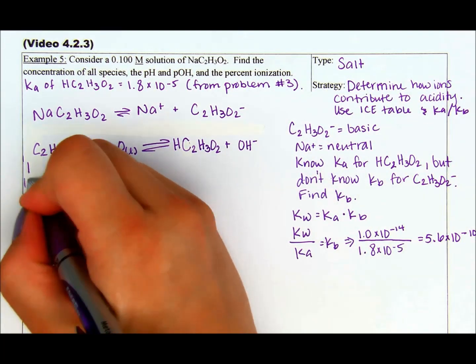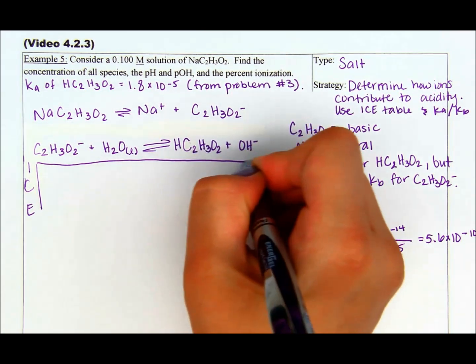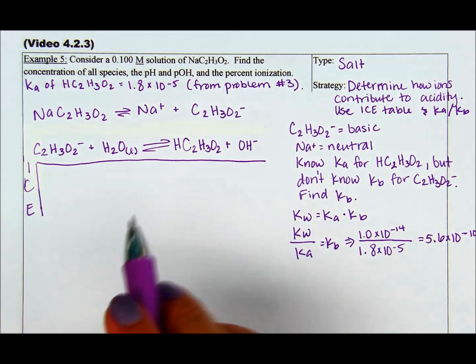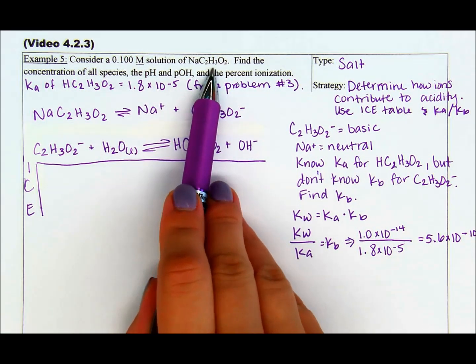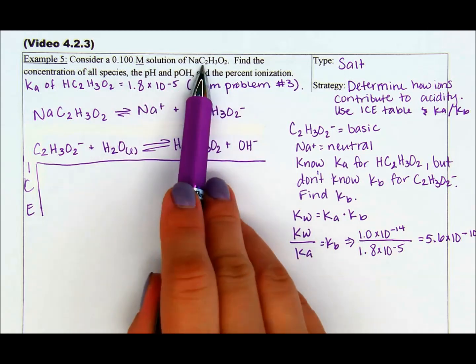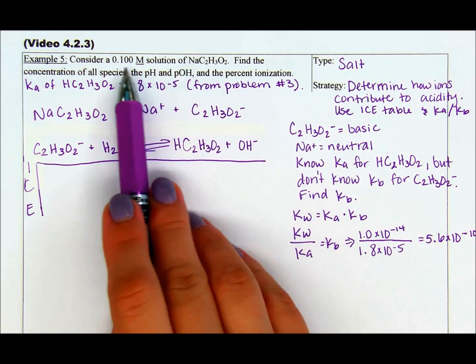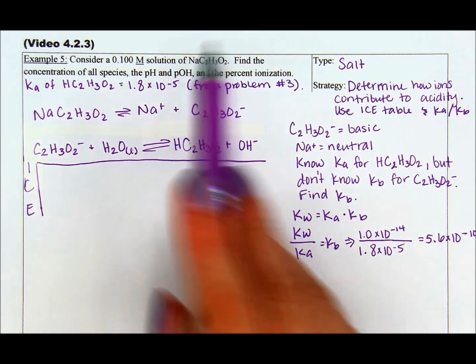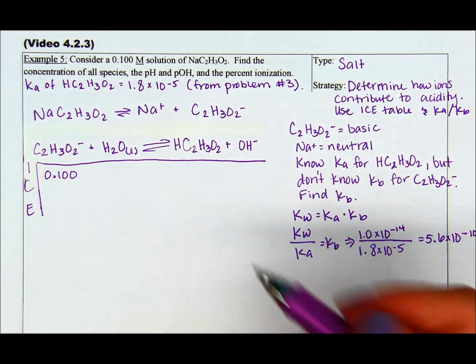So now we need our ice table when it comes time to calculate the amount of hydroxide in solution. So how much salt did we start with here? Well, this is a soluble salt, so all of it dissociates. All of it turns into Na plus and acetate, right? So we started with 0.1 molar of this, so we're going to have 0.100 molar of the salt.